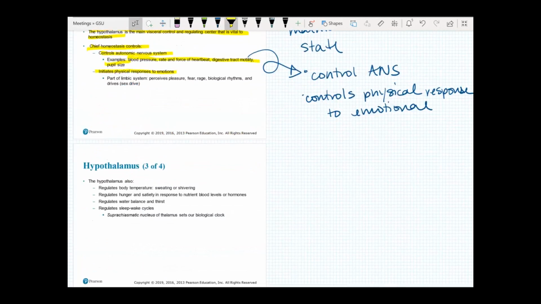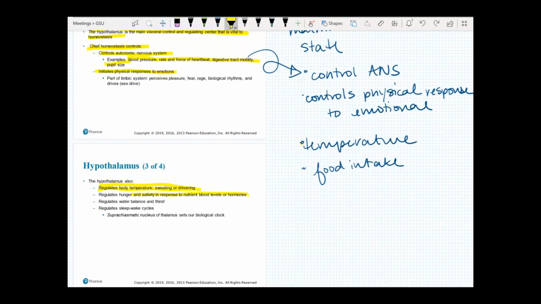Besides just those two, your hypothalamus also regulates your body's temperature. We talked about this in the first chapter when we did homeostasis, that it was your hypothalamus in your brain that did your temperature. It's also responsible for food intake, whether or not you're hungry or full.